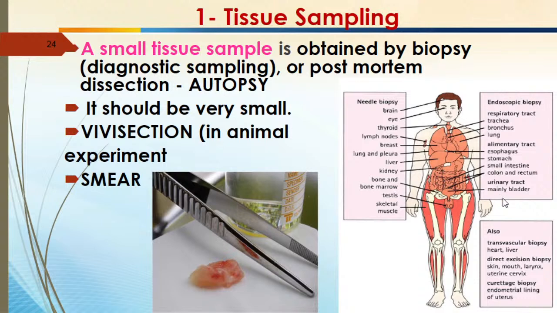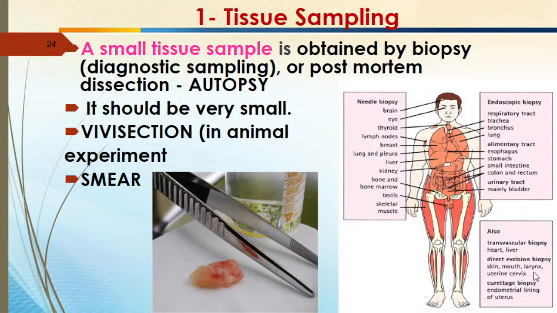And endoscopic biopsy is another method without a needle. In this case, we use a special endoscopic device, which takes samples in the respiratory tract, alimentary tract, and urinary tract. And after that, also a special transvascular biopsy for heart and liver.